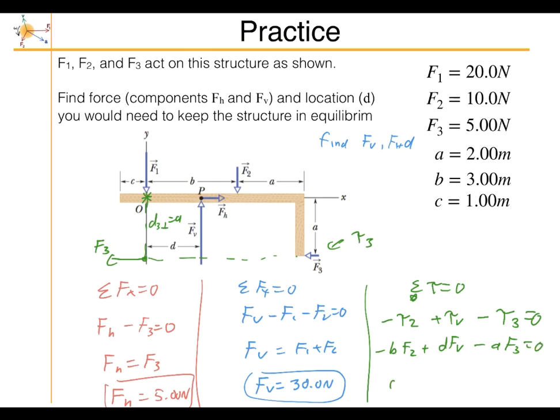I solve that for D, and I get B F2 plus A F3 all over FV. When I solve that, I get about 1.3 meters. Okay, so that's using 3 equations to find 3 unknowns.